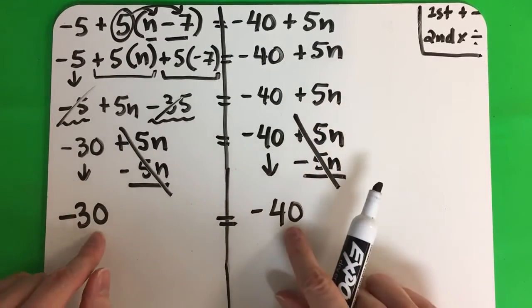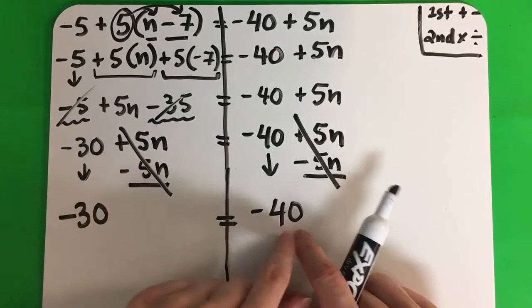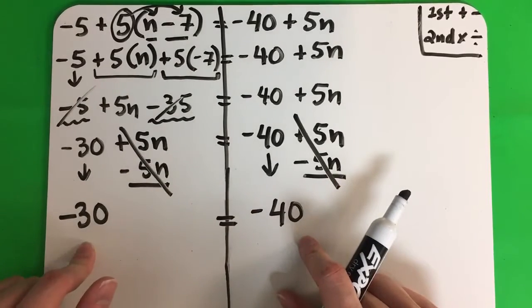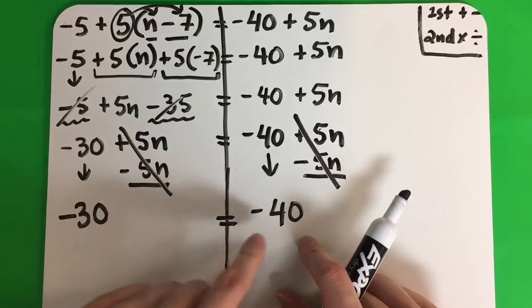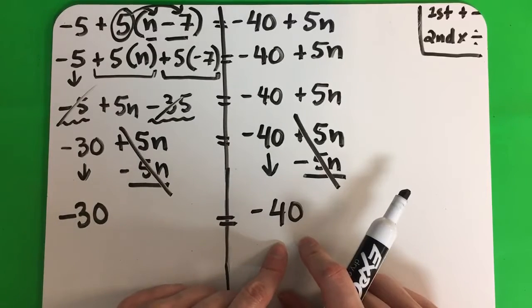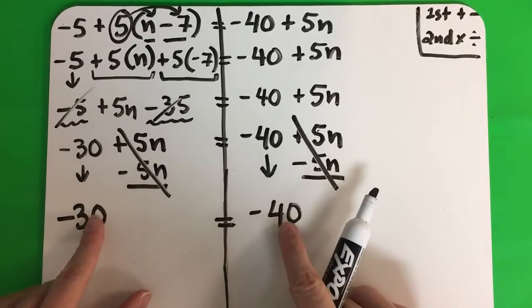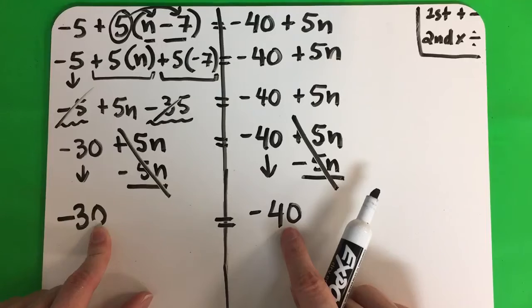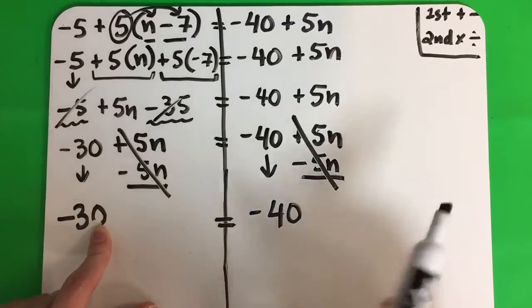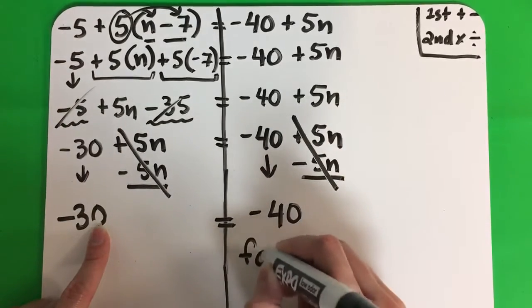Okay, so we're going to look. -30 equals -40. Negativo 30 es igual que negativo 40. Is that true or false? ¿Es verdad o falso? That is false. Es falso. They are not equal. No son iguales. They are different numbers. Son números diferentes. So this is false. Falso.